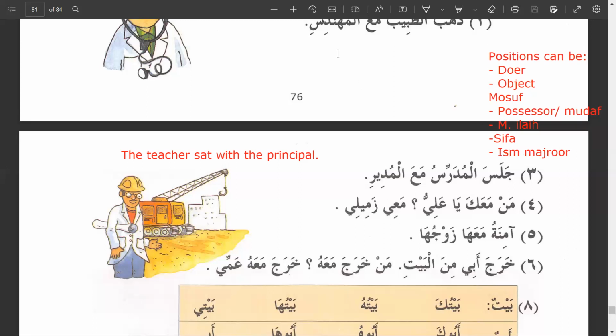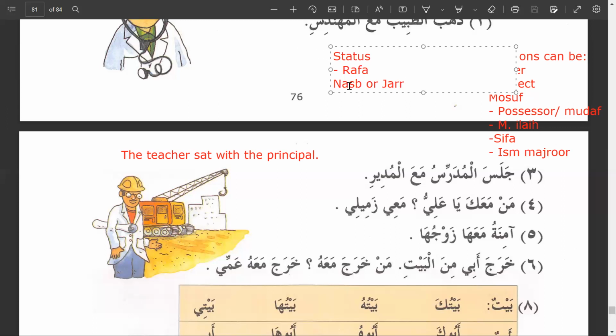And when I ask you what is the status of this ism, you have three options. It can be rafa, nasb, or jar.